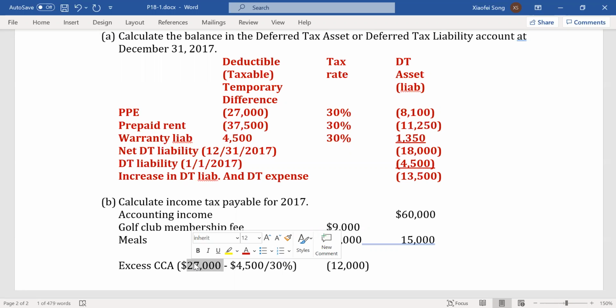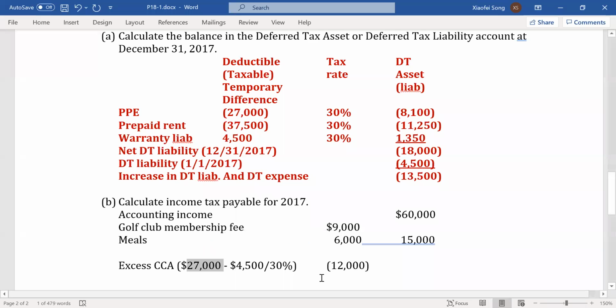Deferred tax liability is the difference times the tax rate. So that means that in the first year, the CCA must be 15,000 more than depreciation. That 15,000 future taxable difference gives rise to a deferred tax liability of 4,500. Then this year, the difference increased by 12,000 because at the end of the year, the difference is 27,000. Does that make sense? Okay, so just leave it there.